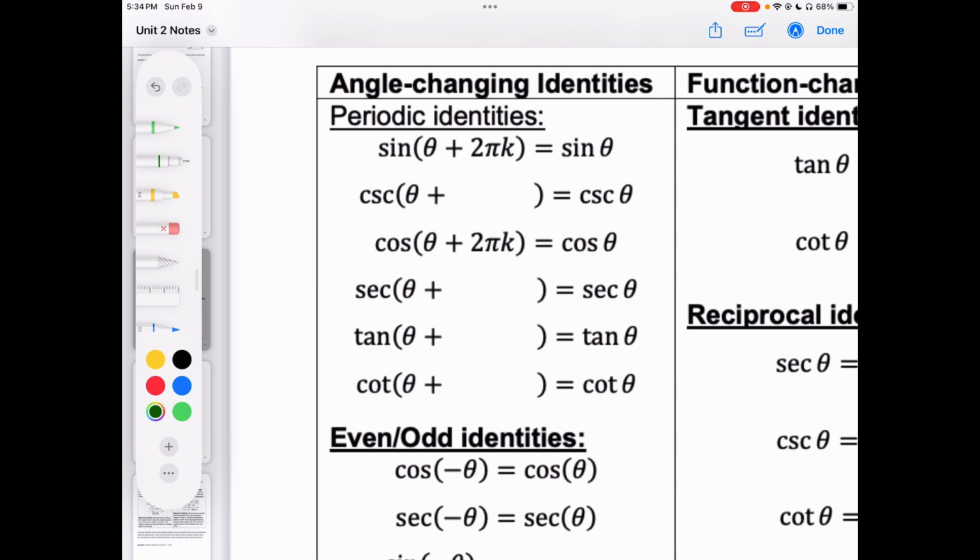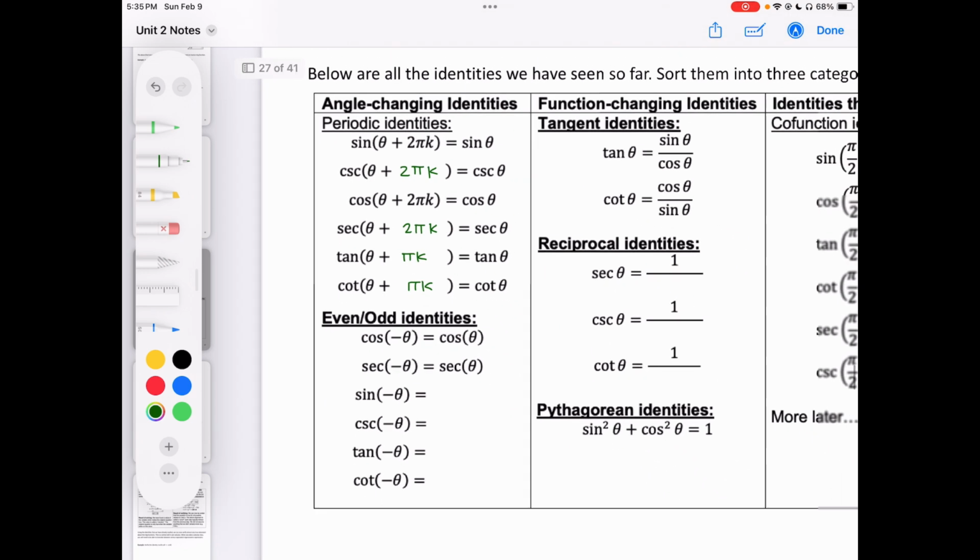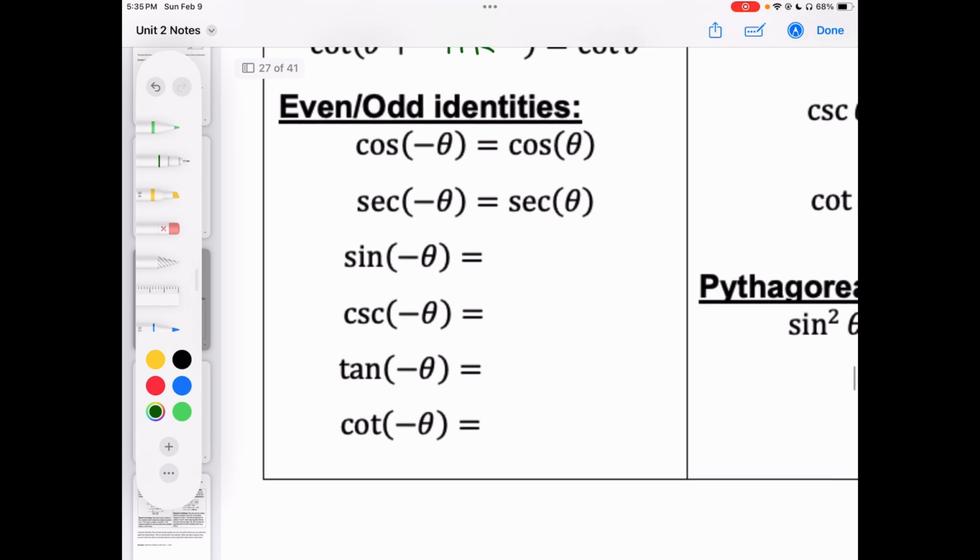Sine and cosine and their reciprocals all have a period of 2 pi. So we know that for cosecant and secant, we could have any amount of loops around the circle of 2 pi, whereas tangent and cotangent have a period of pi, so it'll be pi k instead. Okay. So those are from earlier in 8.1 and 8.2. Then we have the even and odd identities.